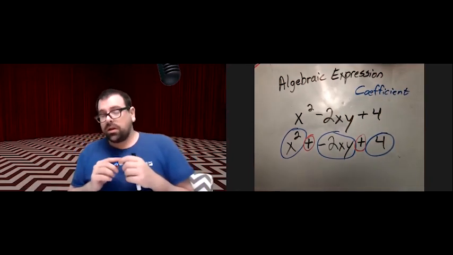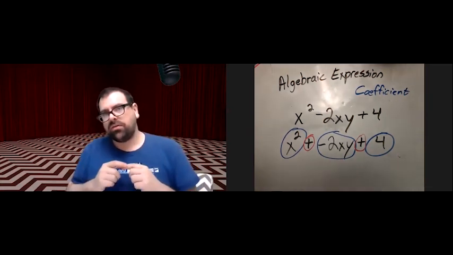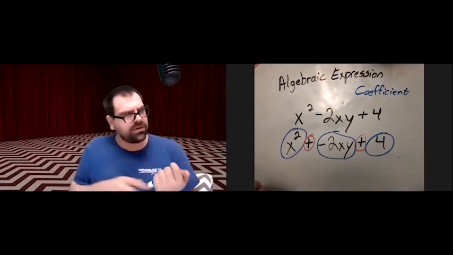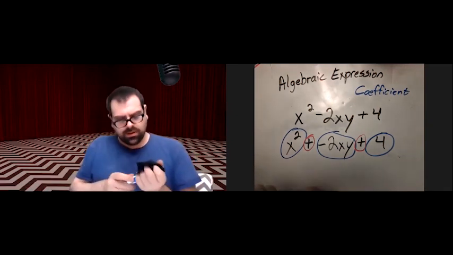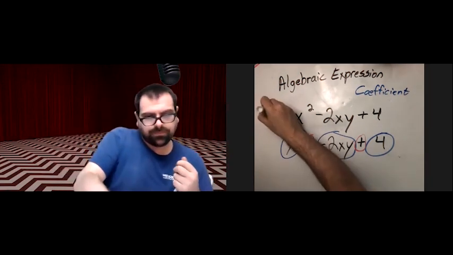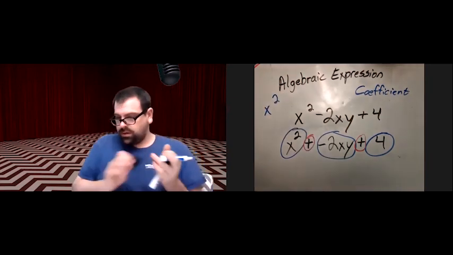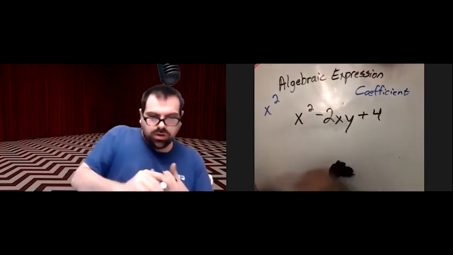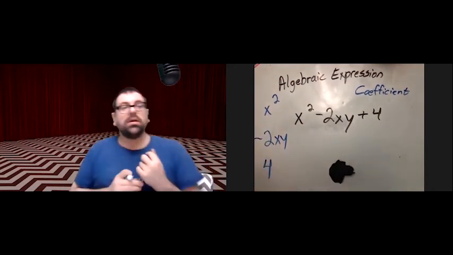Coefficient. The coefficient is the number that comes before the variable in each term. So let me write out these terms another way. X squared, negative 2xy, and positive 4.